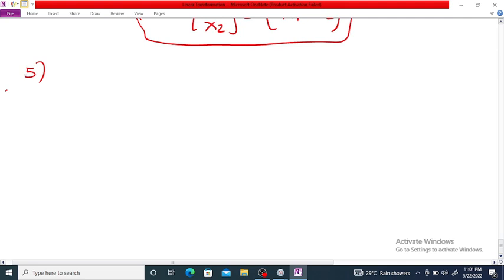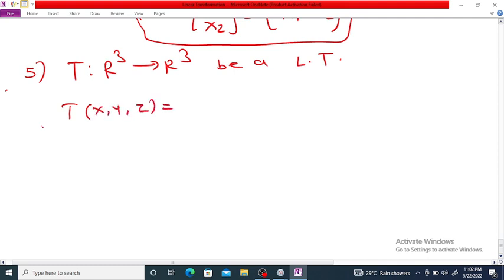Let T be a mapping from R cube to R cube, a linear transformation, defined as T of x y z is equal to twice x plus y minus z, thrice x minus twice y.